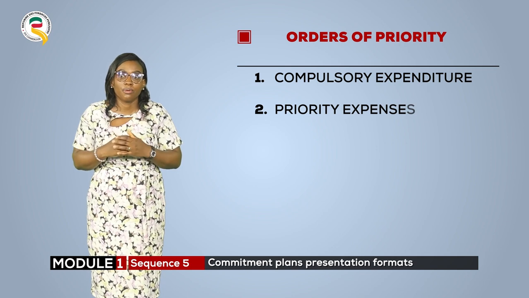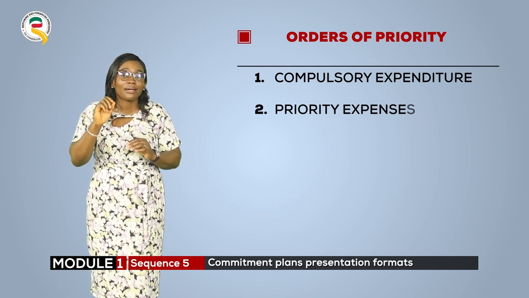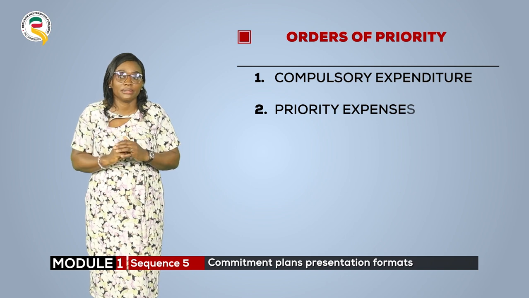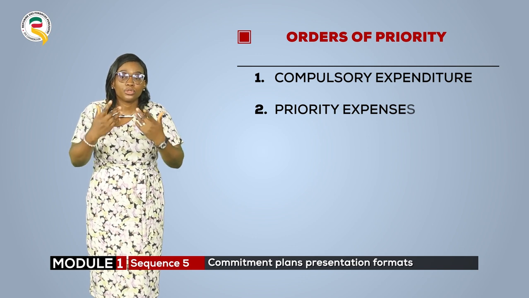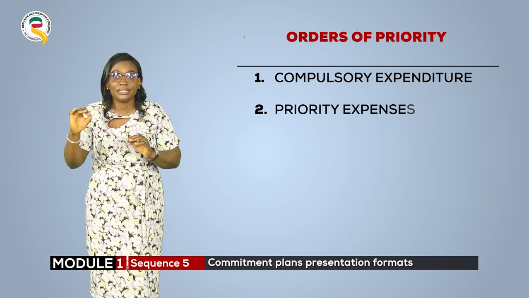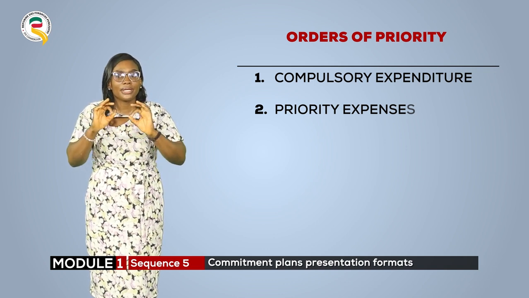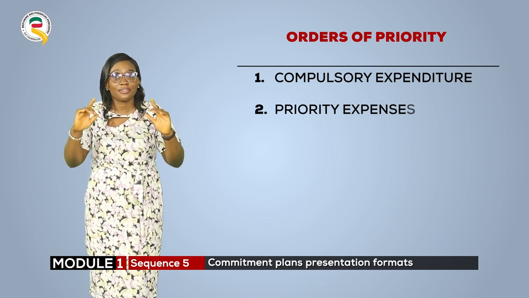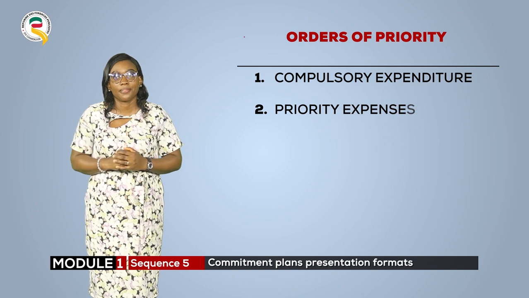Number 2, priority expenses, which constitute the second level of priority. These are expenses that contribute to significant movement in the performance indicators assigned to the ministry and which help to achieve the objective of the ministry's program.